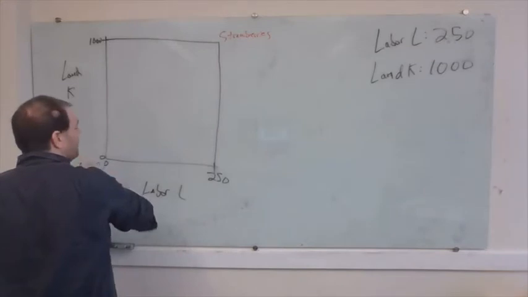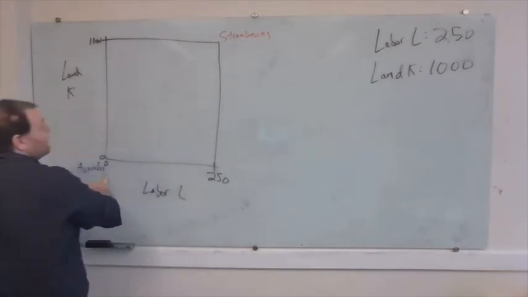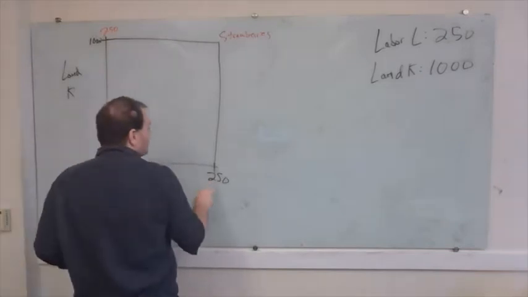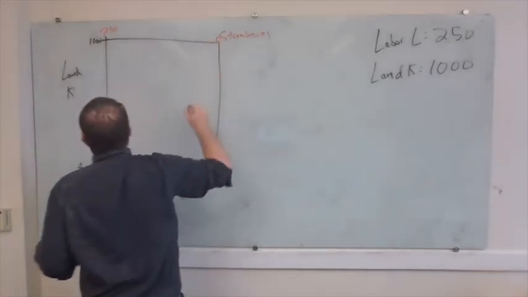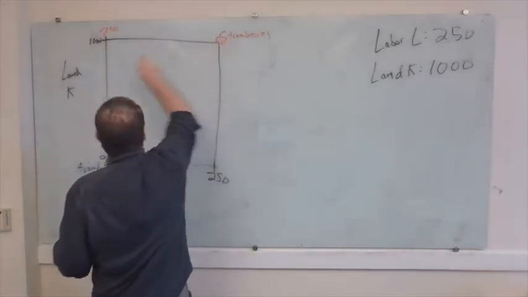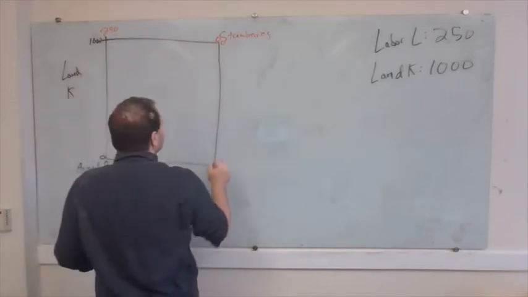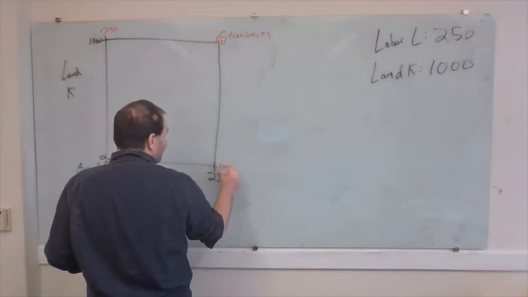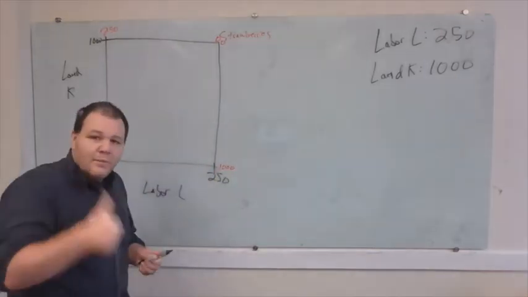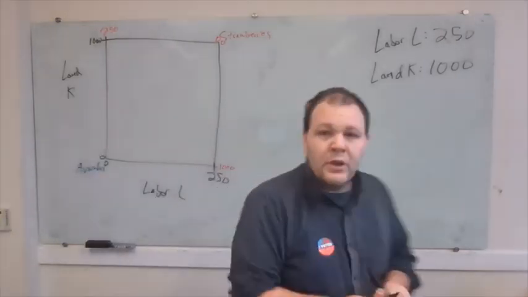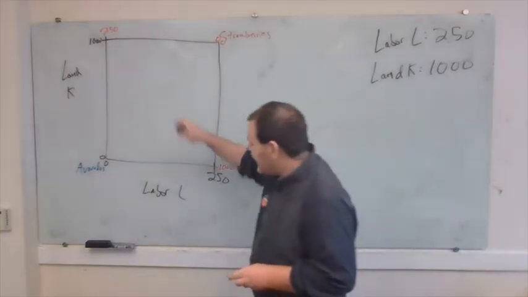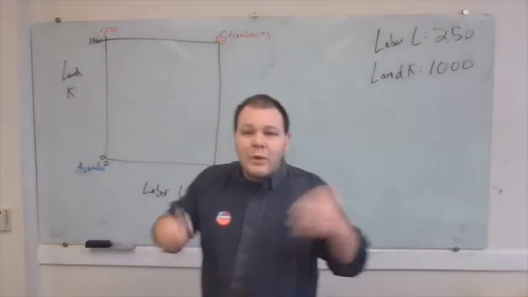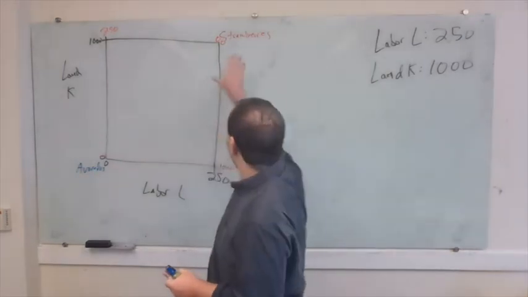So when I have 0 workers in the avocado industry, I'd have 250 in strawberries. If I have 250 workers in the avocado industry, none in strawberries. Likewise, when I've got 1,000 acres in growing avocados, I'll have none growing strawberries. When I have 0 acres growing avocados, I'll have 1,000 growing strawberries. Beautiful. Okay, great. So now we've graphically represented all of our combinations of labor and capital that we could allocate to avocados and could allocate to strawberries.